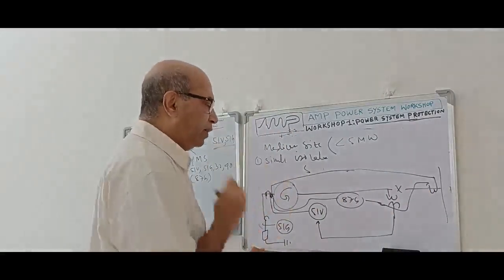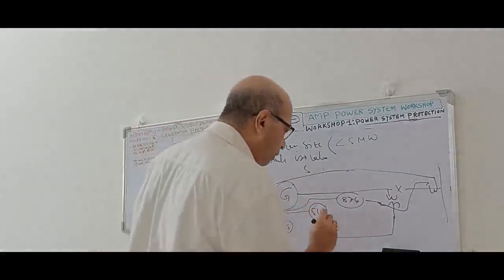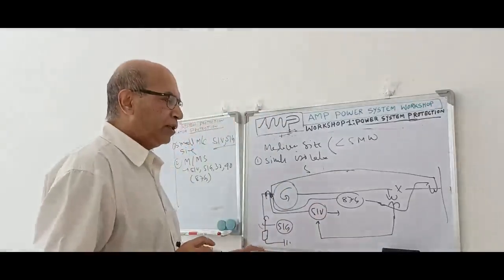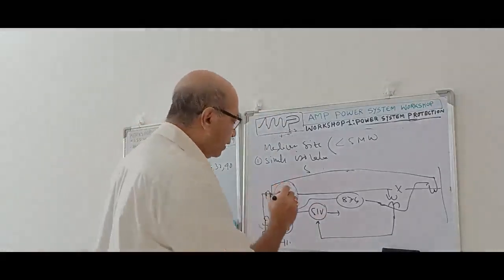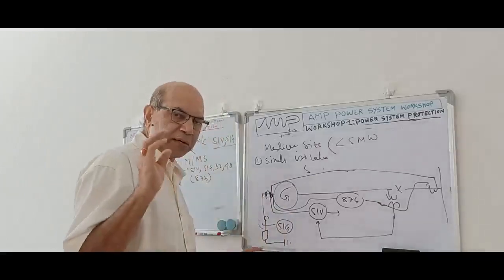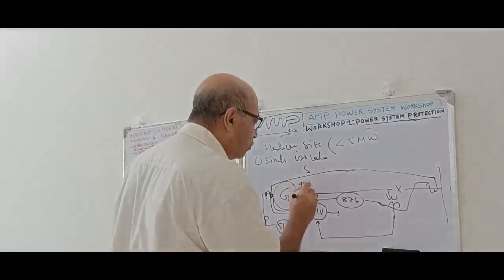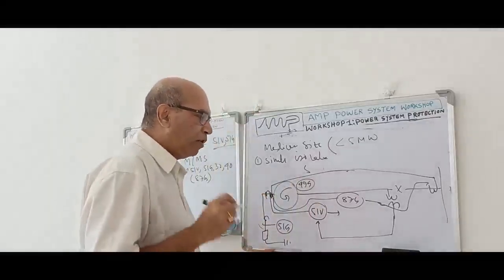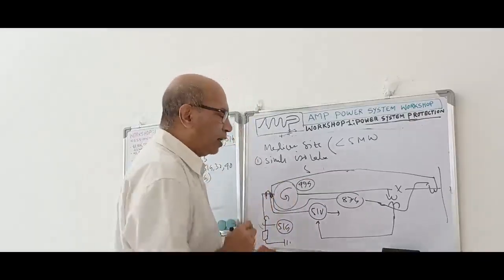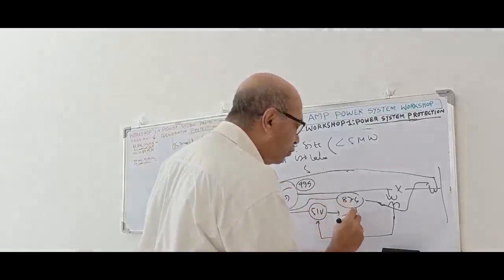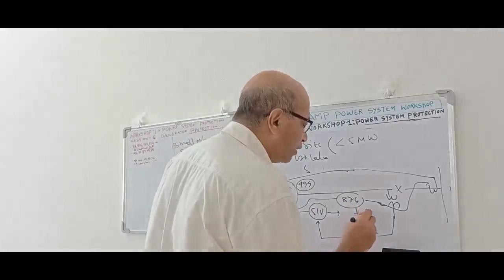Then 51V, 87G is there. Then we need this for the rotor and stator fault due to overheating, that is 49G, also we have to include in the machine in that case. Then we have to include 49G stator fault. Then we need to include 46 negative sequence heating also.